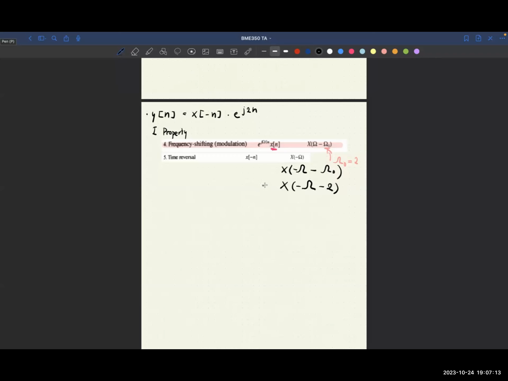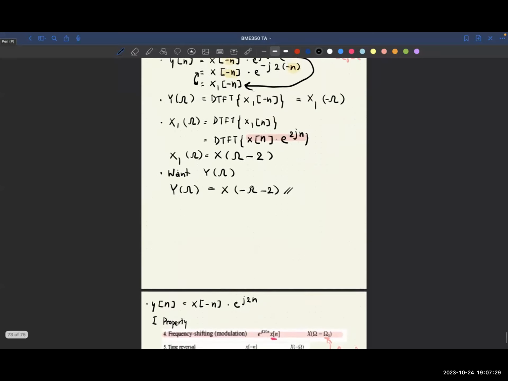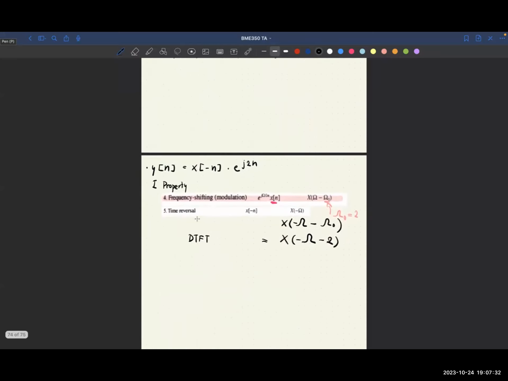And this is the discrete time Fourier transform of x[-n] times e to the j2n. This is Y omega.